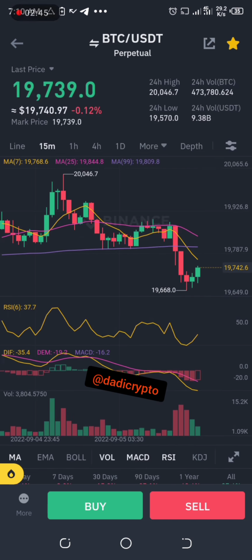Anyway, Bitcoin right now, the price is $19,743. In futures trading, you just need to predict the future price of this crypto asset, regardless of how many minutes or how many hours you want to use.